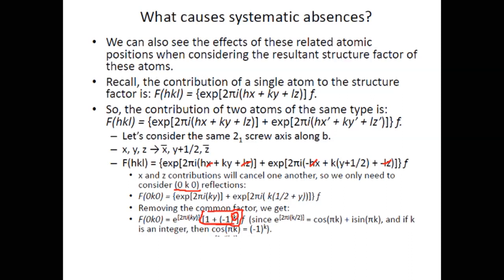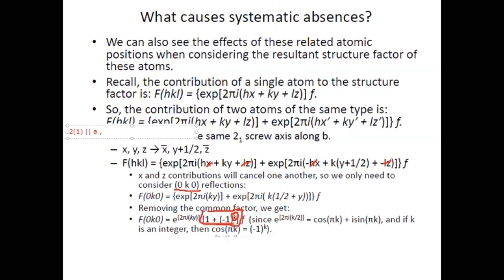Now if we take that same thing and we make k even, -1 raised to an even power is 1. 1 plus 1 is not 0. So the even ones are going to be present. And this goes for any 2-1 screw axis parallel to any axis. So for example, if we look at a 2-1 parallel to A, in this one, we translate along which axis?